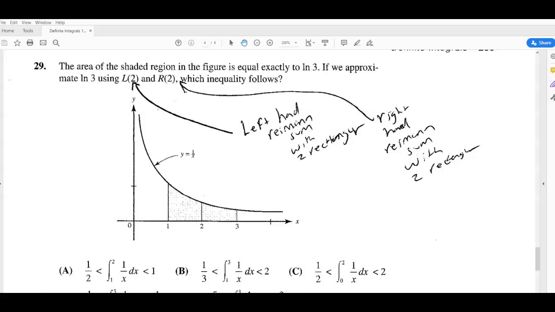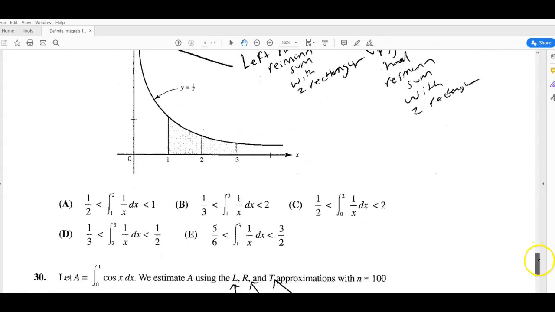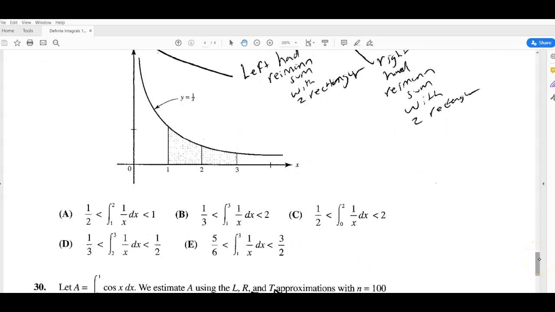Now, since we're going from 1 to 3, that's the area we're looking at, we know it's not this because their integral is only going from 1 to 2. We're not going from 0 to 2 either. We're not going to do 2 to 3 either.